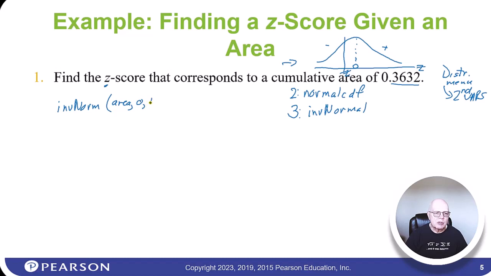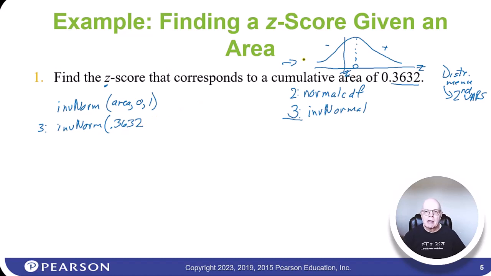So since we're talking about z's, it's 0 and 1. For this particular one, since we want to find the z-score, we'll go to inverse normal. Remember, that's option number 3, even though it's on this side of the screen. What area are we interested in?